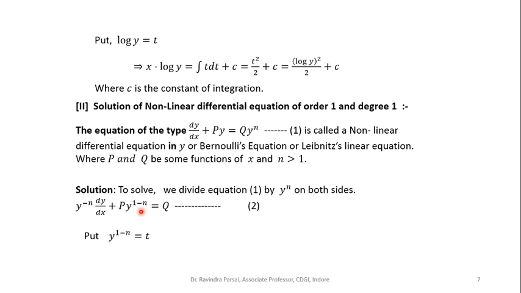On differentiating with respect to x on both sides, this gives you 1 minus n of y raised to minus n of dy by dx equal to dt by dx, or we may write in the desired form y raised to minus n of dy by dx equal to 1 upon 1 minus n of dt by dx.